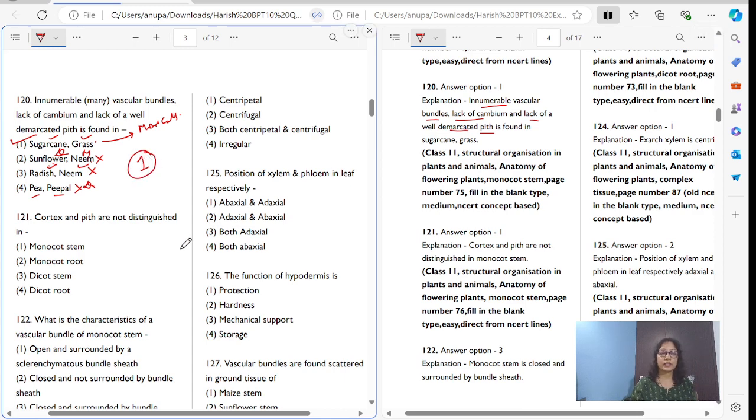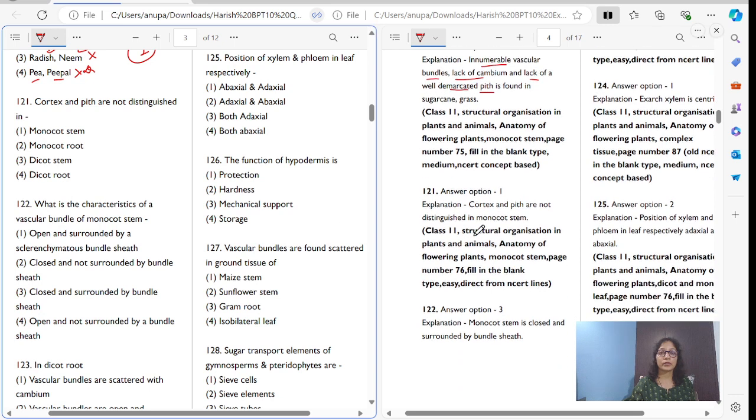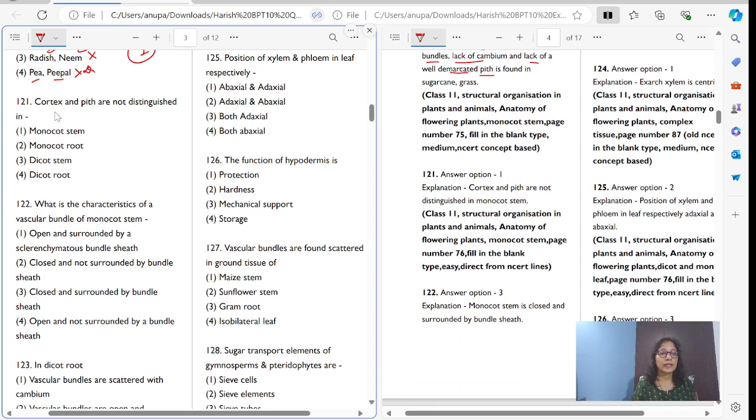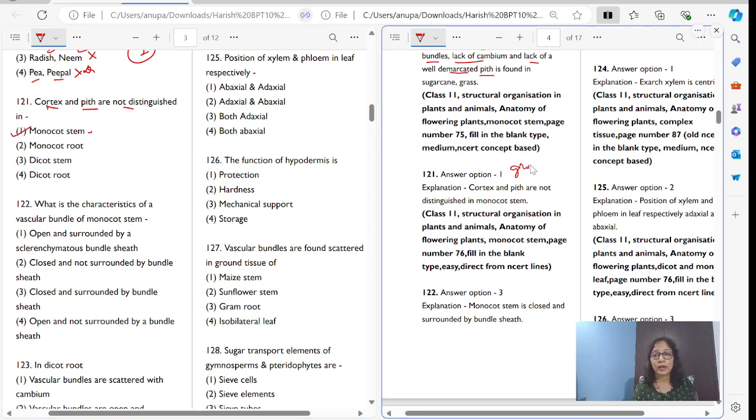Now let's move to the next question, that is question number 121. It states that cortex and pith are not distinguished in, means cortex and pith are not clearly visible in which type of stem or root. So cortex and pith are usually not visible in monocot stems. In monocot stem, a ground tissue system is present.